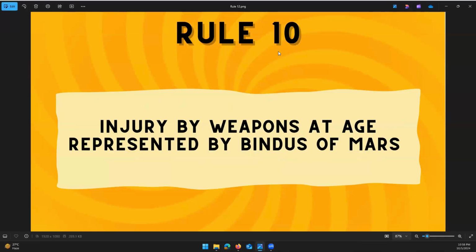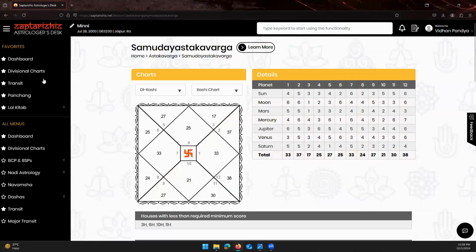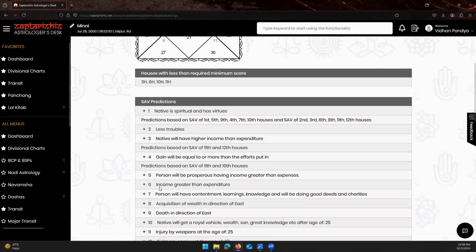So the next one is the Sarvashtakavarga Bindus where Mars is sitting. You have to take the house where Mars is sitting, and see how many Bindus are there in that particular house.